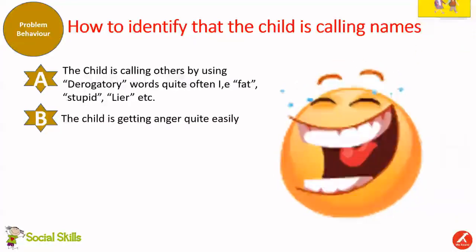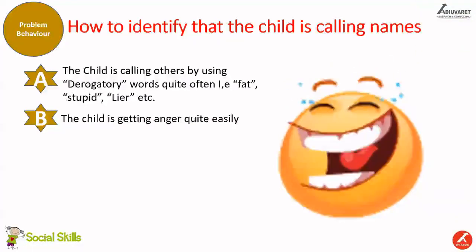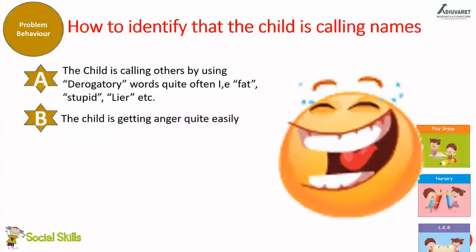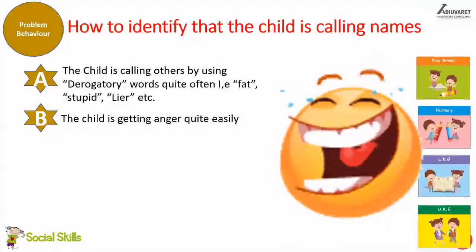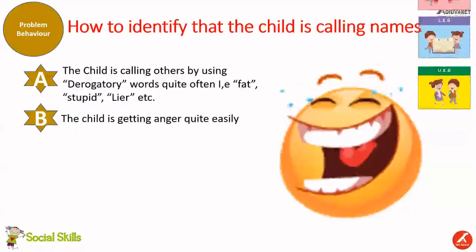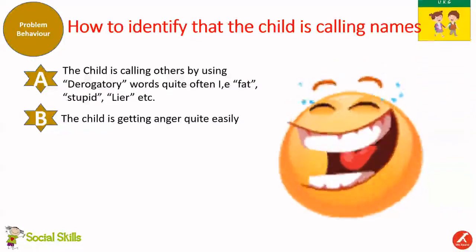Therefore, when a child is getting angry quite easily and very quickly, then we may expect calling names is very common among such children.